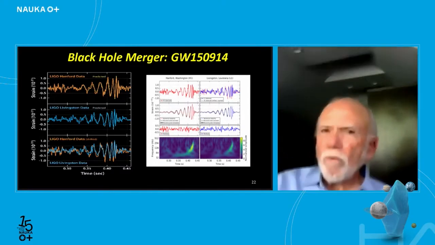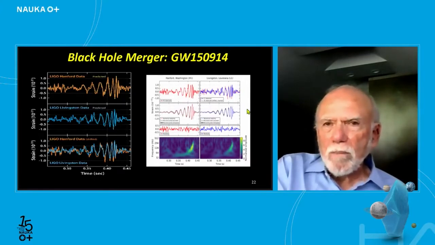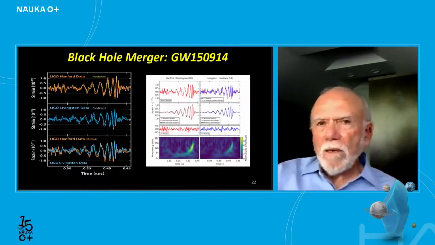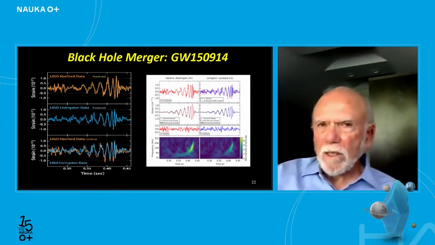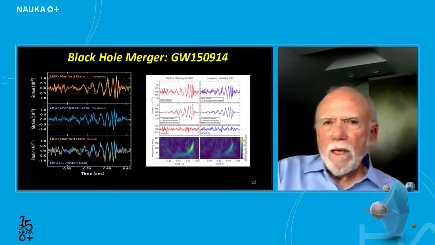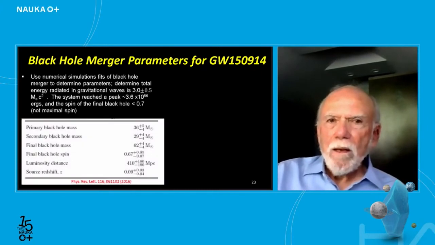And you see with almost no data analysis, just comparing the two, they compare beautifully. And the third panel is the residual, or the difference, if I subtract Einstein's equations calculation from the data itself. And that basically was the discovery of gravitational waves.